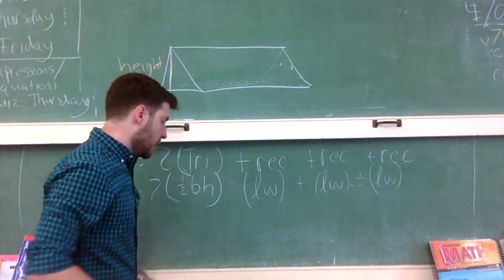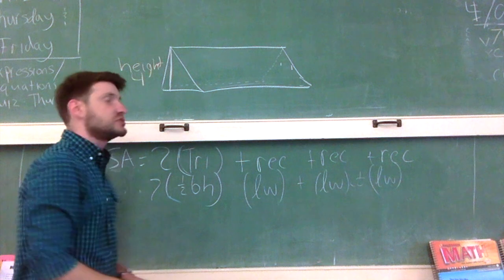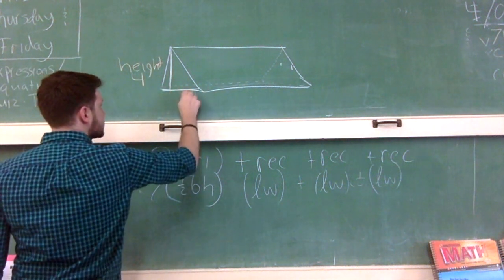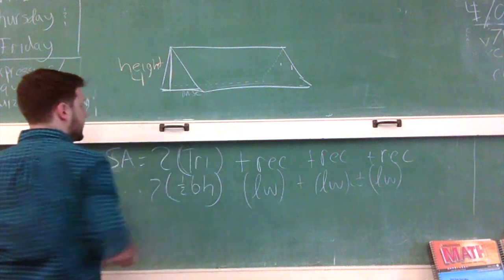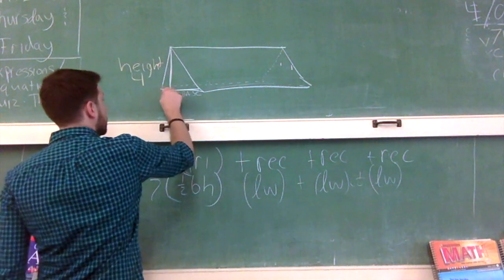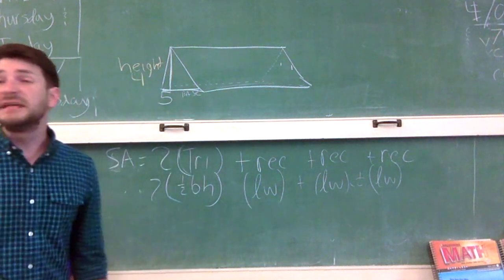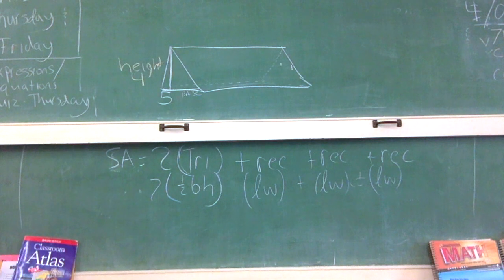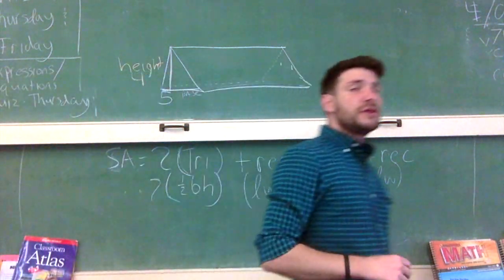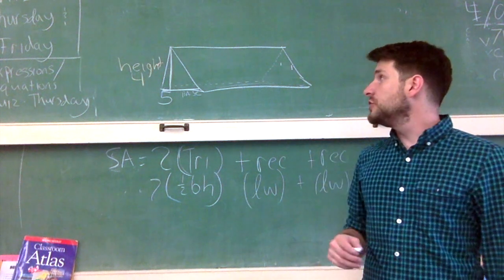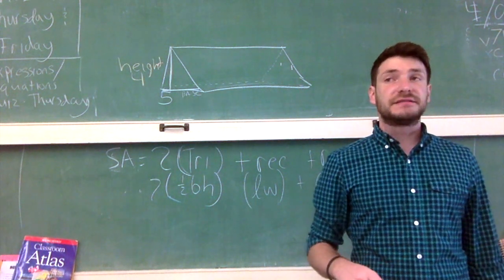We also need to know, in order to solve the area of our triangle, the line right here, our base. I'm going to say our base is 5. Now, you can solve the area of your triangle. That's all you need, a height and a base.